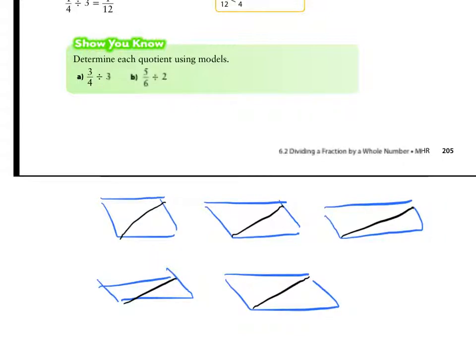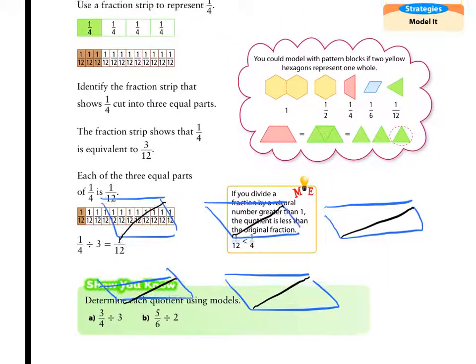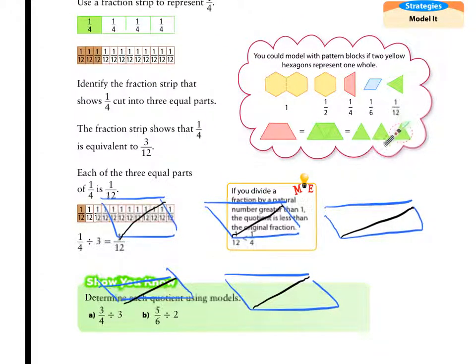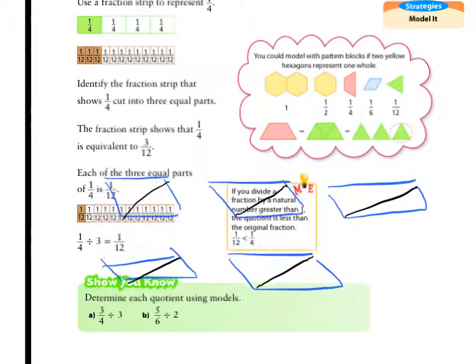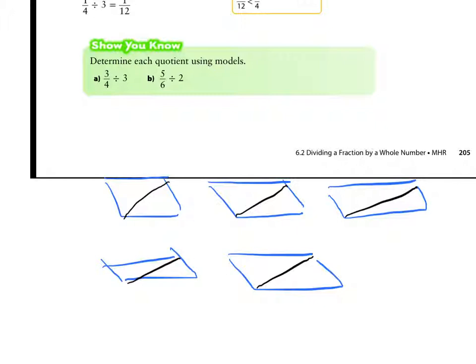Now what were the triangles worth? Let's go back up here for a second. Triangles were worth 12ths, right? They're worth 12ths. So let's go back down. Oh, there we go. So each of these is worth a 12th.